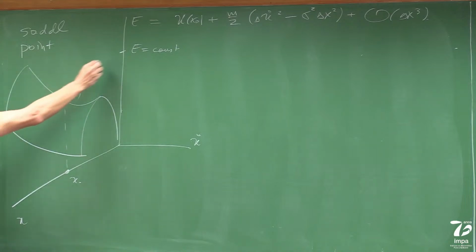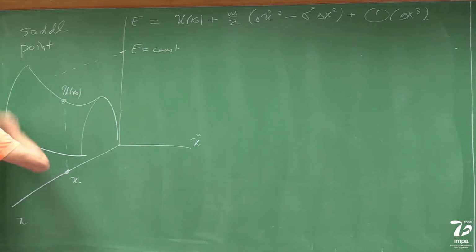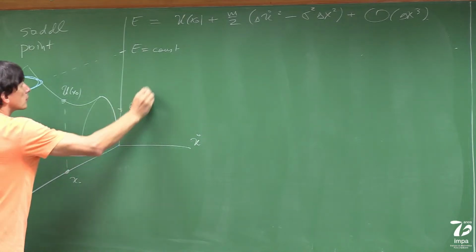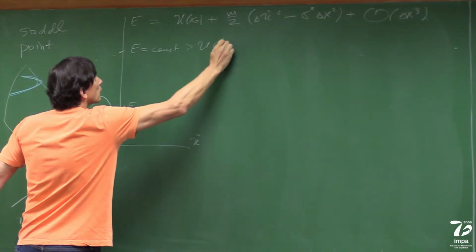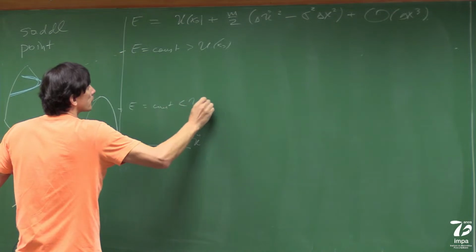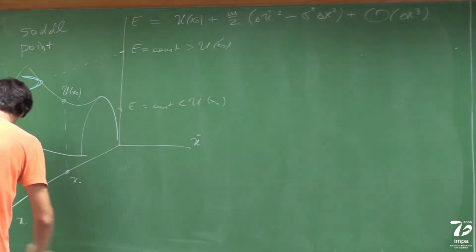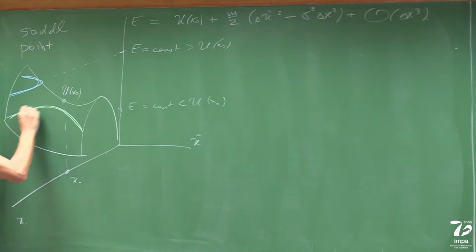So for example, at positive energy it gives you these lines, and at negative energy, energy bigger than minimum, and the energy which is constant smaller than minimum, it gives you these cuts.